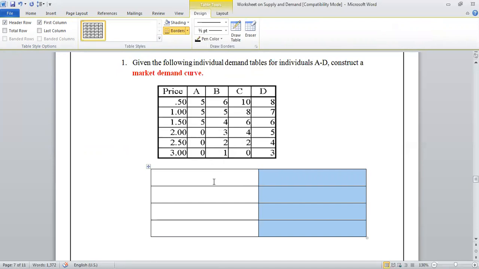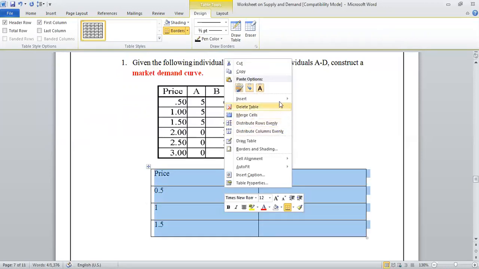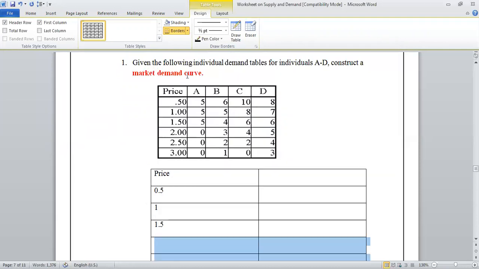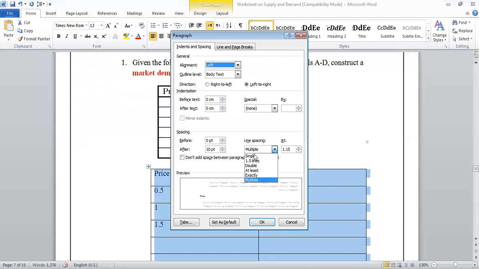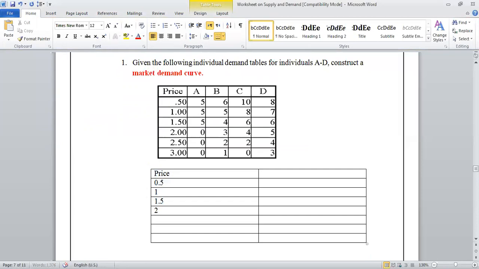So we have price: half, $1, $1.50, 2, 2.5, 3.